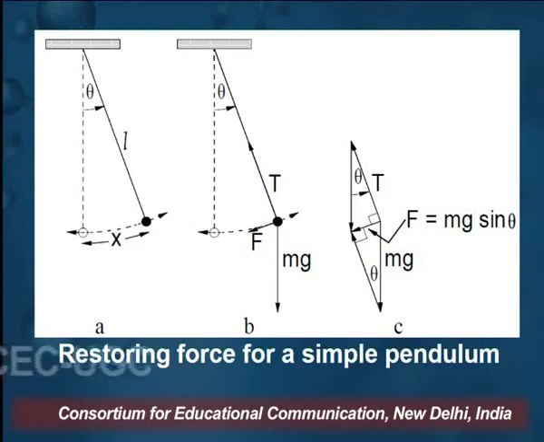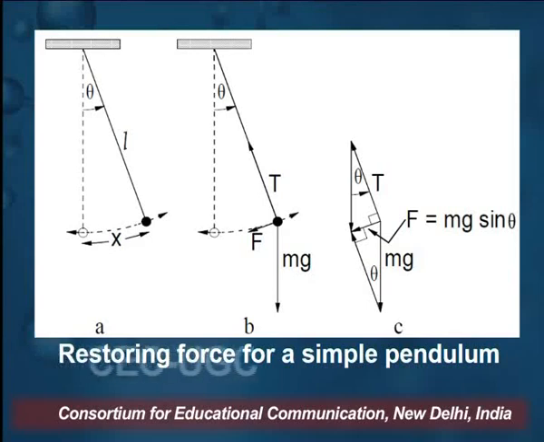This mg is resolved into two components. One is mg sin theta, and the second is mg cos theta. mg cos theta is in one direction and the other is in another direction. So mg sin theta is in the direction of the rotation of the bob.